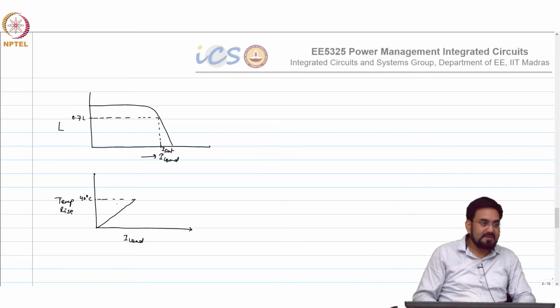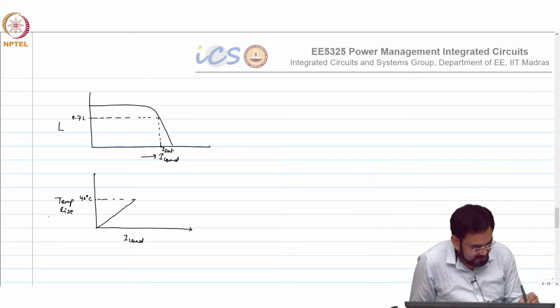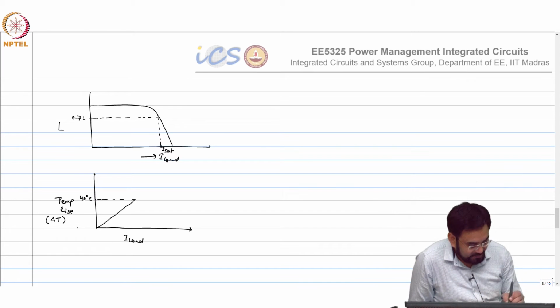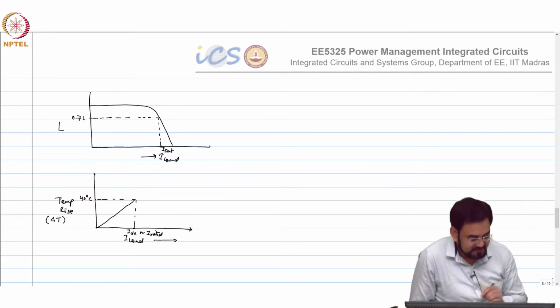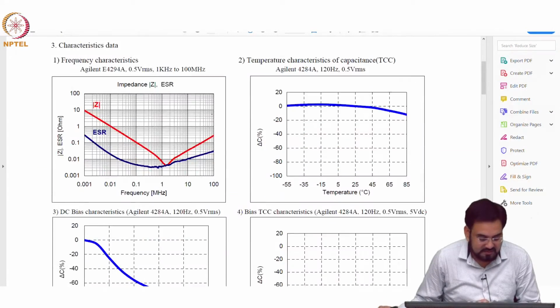So, if you are measuring at room temperature, then it is room temperature plus 40 degrees. If you are measuring at, let us say, 100 degree C, then it should be 140 in that case. So, I will call it delta T. So, this is defined as IDC or I rated.